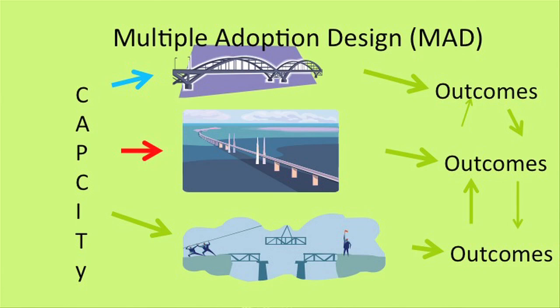So from an implementation and evaluation point of view, as will be talked about tomorrow by Abe, we've got issues of capacity, but we've also got the different bridges going on, and all these different interactions taking place, and all these different outcomes. And so part of what happens in a multiple adoption design is we've got to run what happens with each initiative individually, but we've also got to think a lot more about the interactions between them.